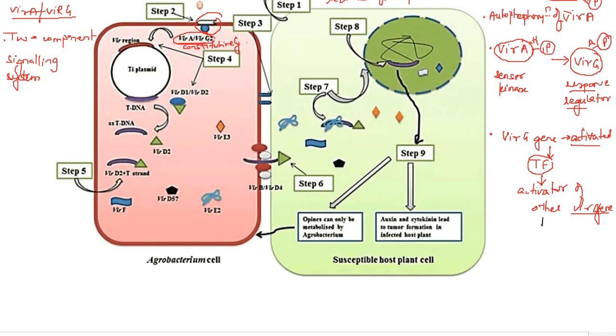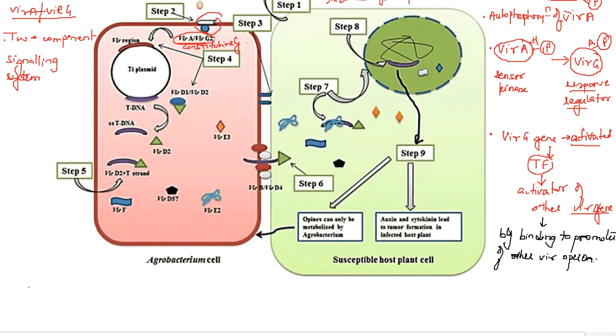How? By binding to the promoter of other vir operons. Understood? In that case, other vir genes will be activated.